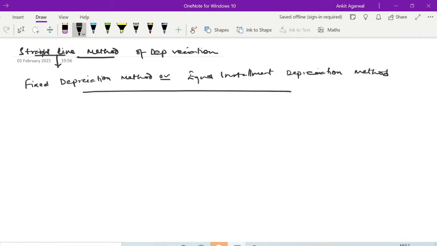Now, first of all, let us understand the meaning of depreciation. Correct. Now, what is depreciation? I bought an asset today worth, let's say, 50,000.